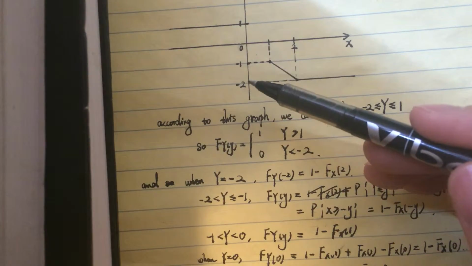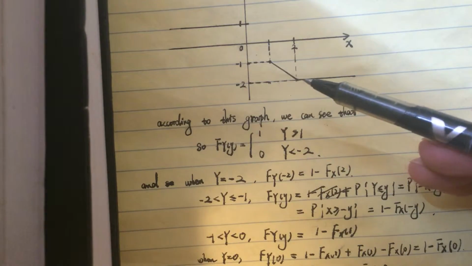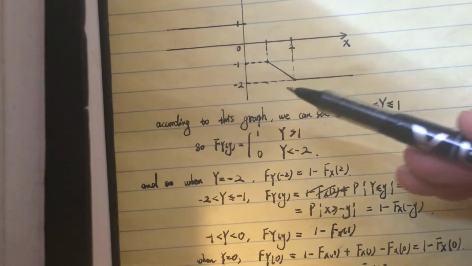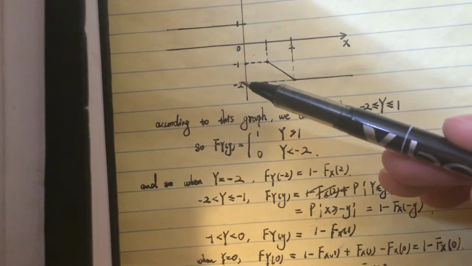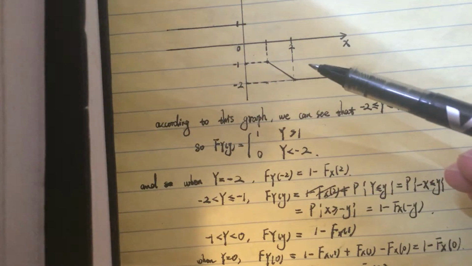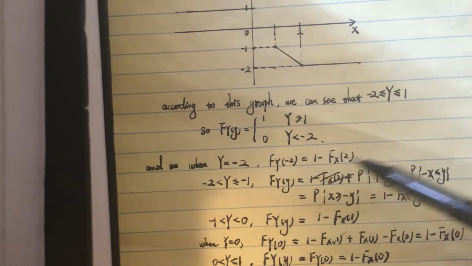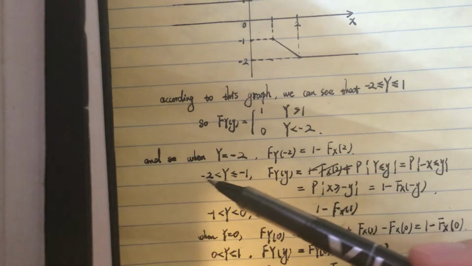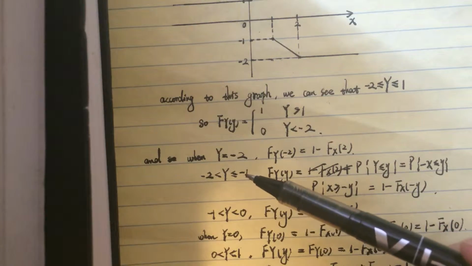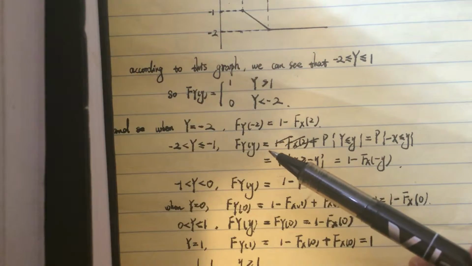Because when y equals minus 2, the value of x that corresponds to this is x larger than 2. So it's like this.